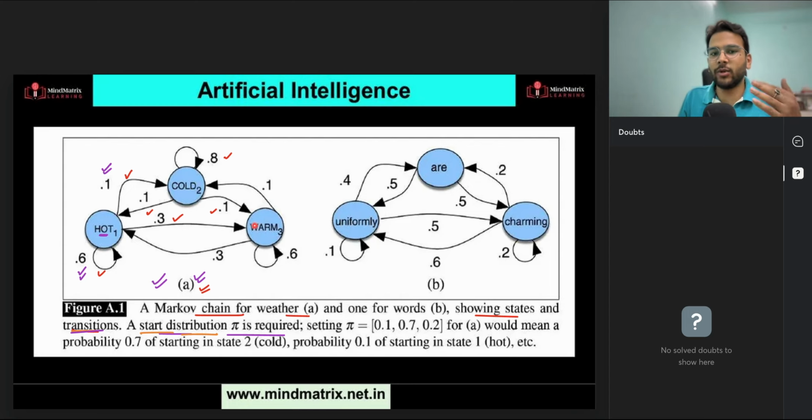What is the probability that you are starting from a warm state? These are the probabilities given, and if you add all these, it will also be 1. And it is also mentioned here, a probability of 0.7 starting in state 2, that is cold. Is this clear? So this is the starting distribution, or initial distribution, that is pi.